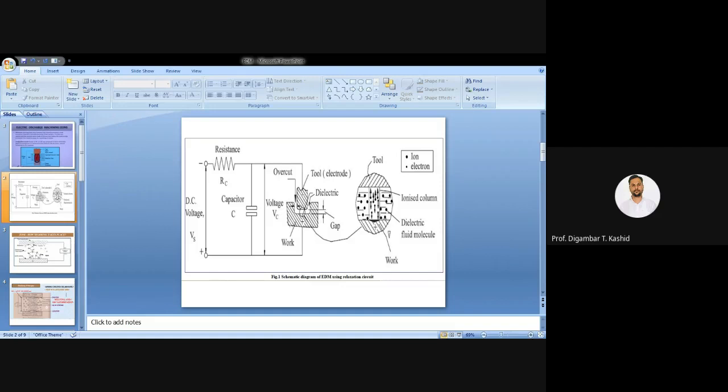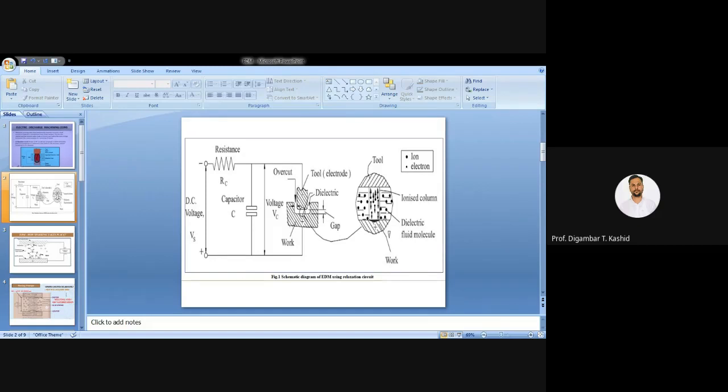It is an electrically neutral liquid, and once again I am repeating, it has a certain dielectric constant as well as a certain dielectric breakdown voltage. The important point is that dielectric fluid has a certain dielectric breakdown voltage.